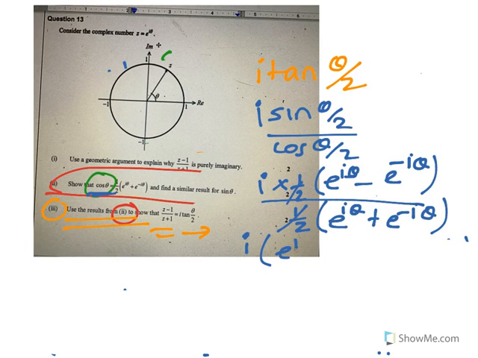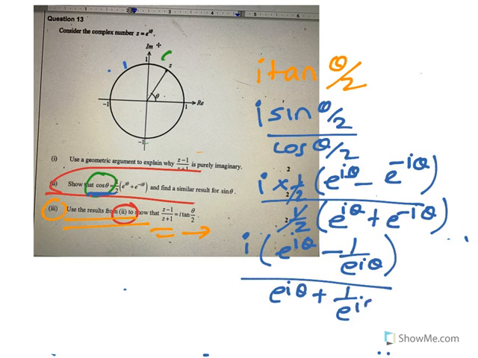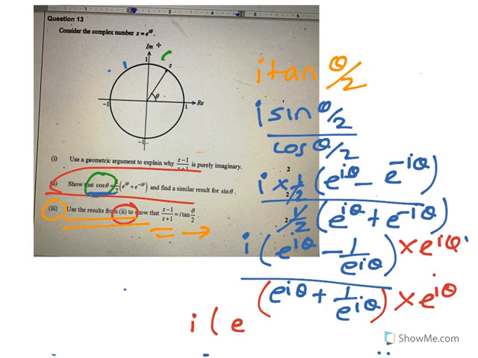You've got e to the i theta minus 1 on e to the i theta, over e to the i theta plus 1 on e to the i theta. Actually, it's not theta that should be in there, it should be theta on 2, because this was sine theta on 2. These are all on 2.